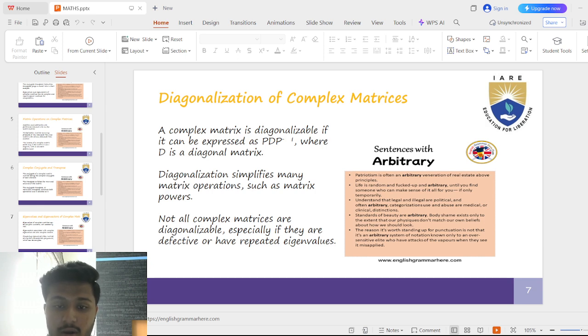However, not all complex matrices can be diagonalized, especially if they don't have enough independent eigenvectors or have repeated eigenvalues. These are called defective matrices. In simple words, a complex matrix can be made diagonal using its eigenvectors, but only if it behaves nicely and has enough distinct eigenvectors.